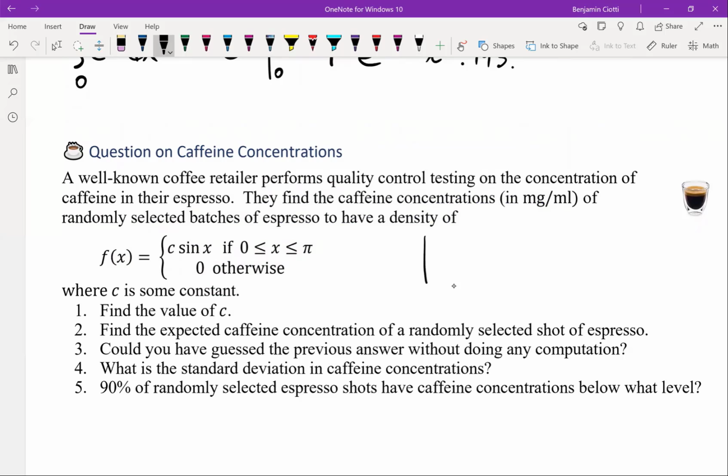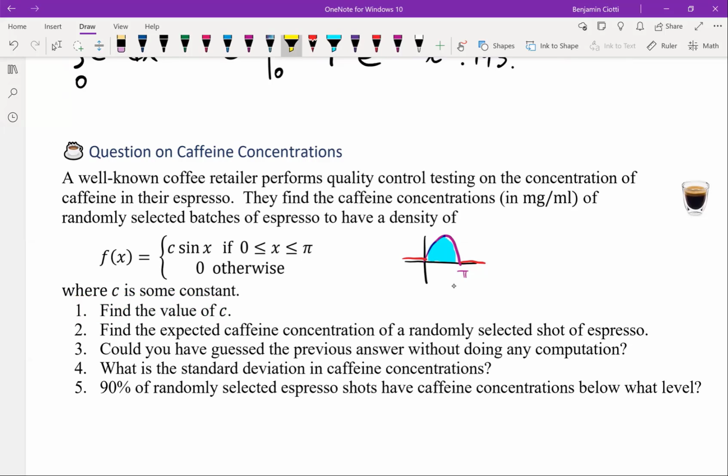So if you plot this density, it looks something like this. C is a constant, but the first question I ask of you is what's C? So to answer that, remember, the total area underneath the curve better be 1. And it's 0 outside 0 to pi.